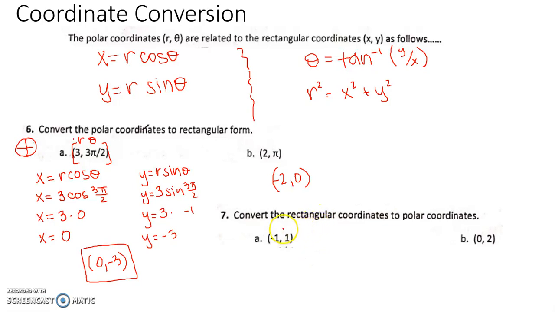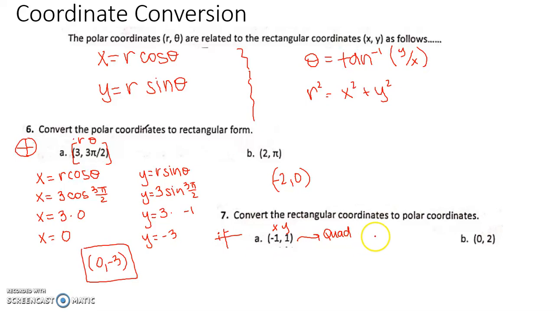On number 7, we're converting the rectangular coordinates back to polar. So again, you have your rectangular, so you have your x and y. You are trying to go to your polar coordinates. One thing you want to think about here is which quadrant this is going to be in. So negative 1, 1, that helps.